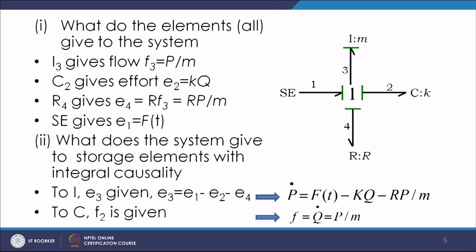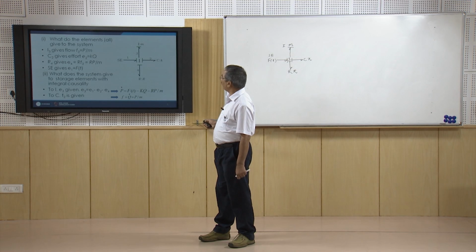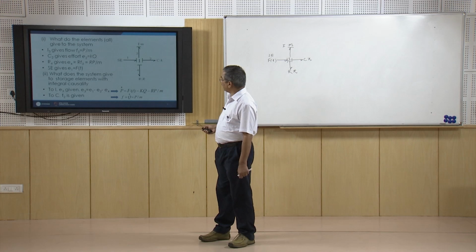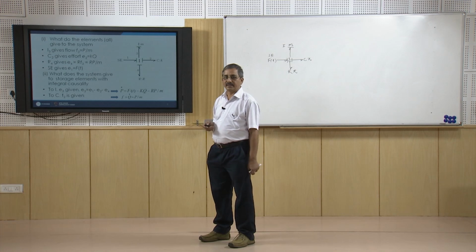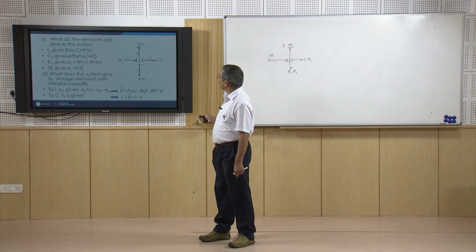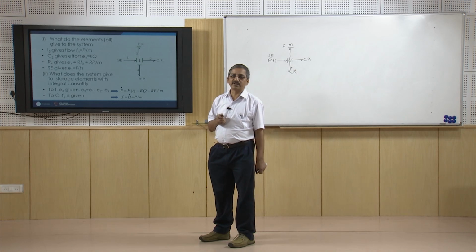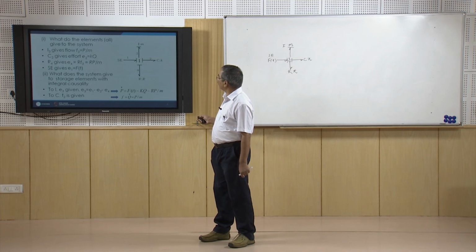Now, this E3 I can write as E1 minus E2 minus E4. Of course, this relation comes from the basic concept of conservation of power as we have seen earlier, and since all the bonds are connected to a constant flow junction, flows are going to be the same.